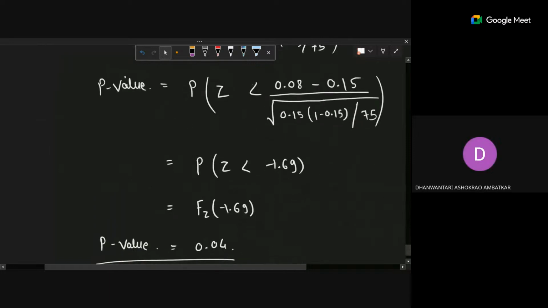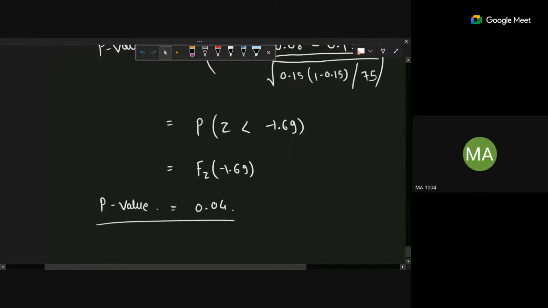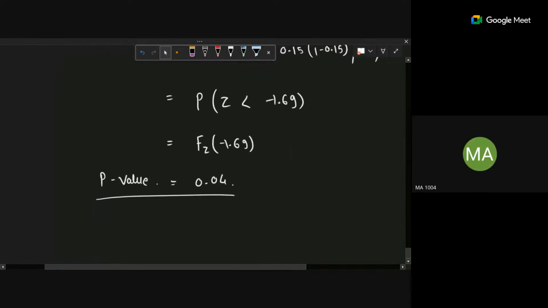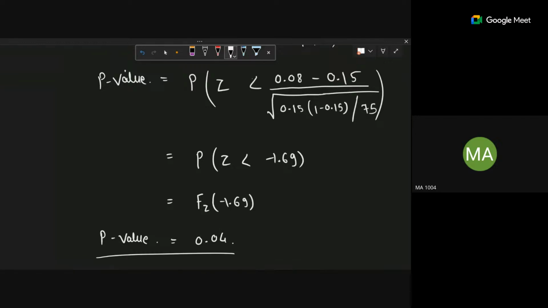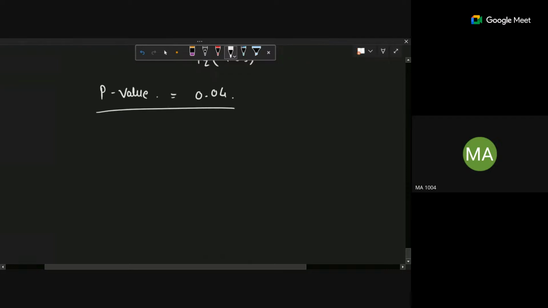Yeah, you are correct, ma'am. At the end, it's a calculation part, so I am leaving it here. I calculated and got minus 1.69, but please calculate it again if you are getting a change in answers.